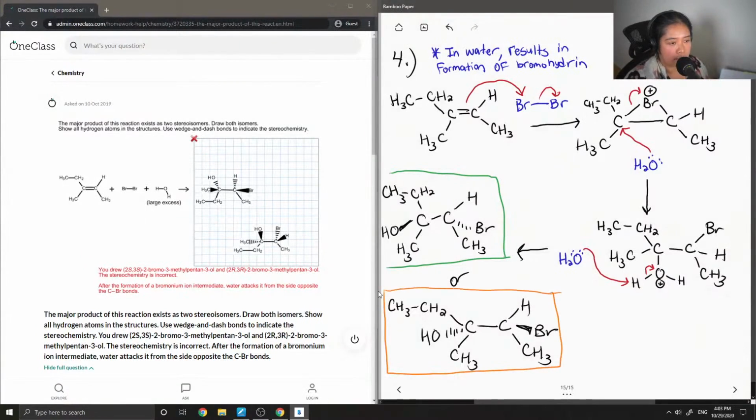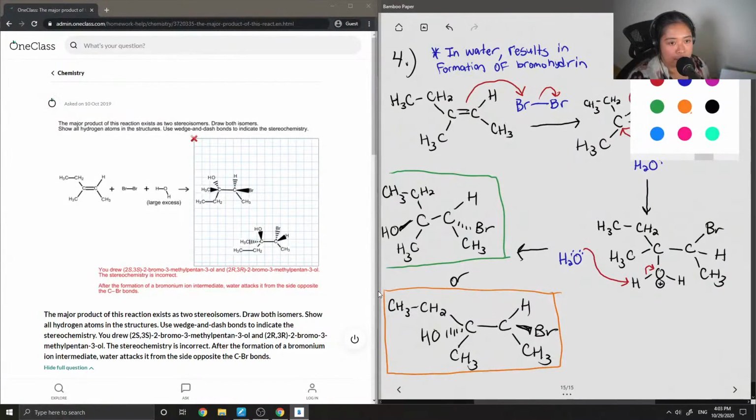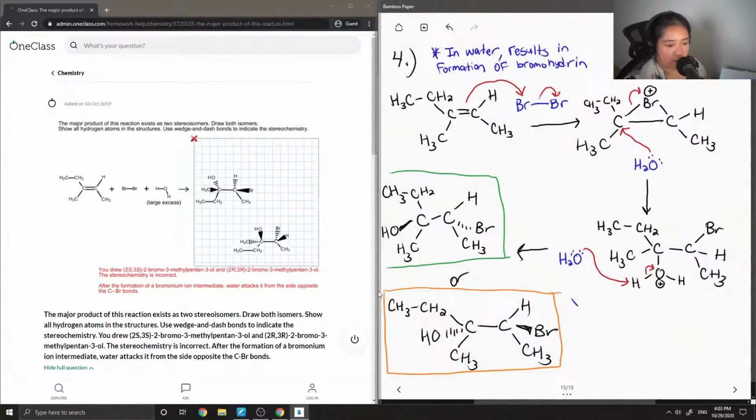And then I'll kind of just explain why this happens, like over here. So basically, the bromine was added to the less substituted carbon.